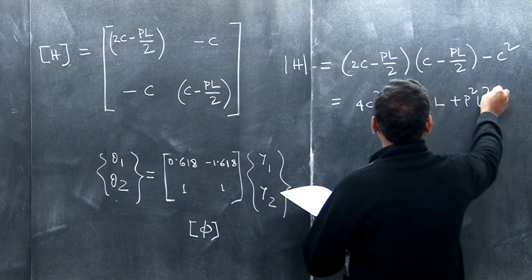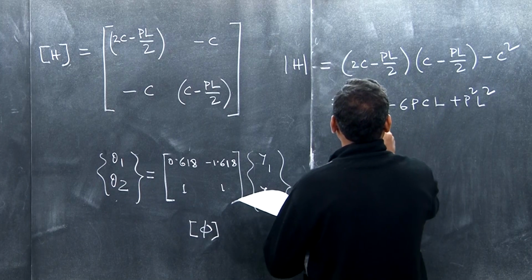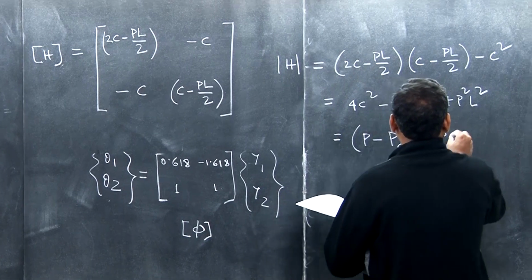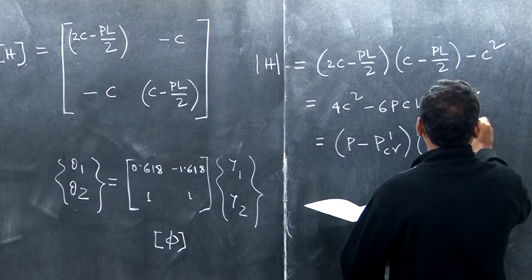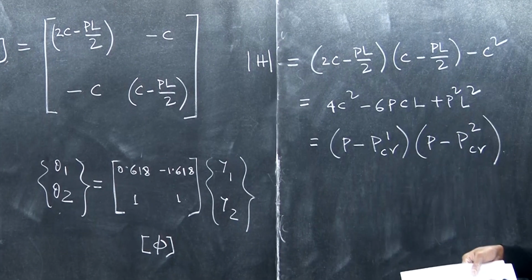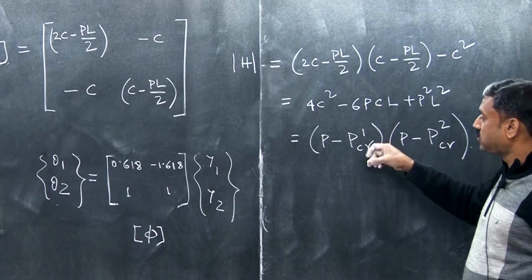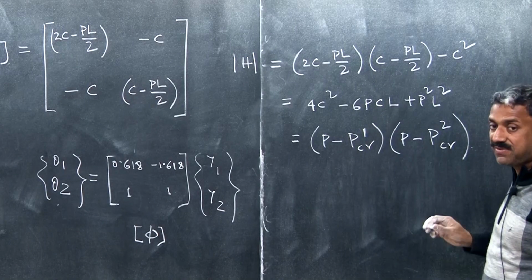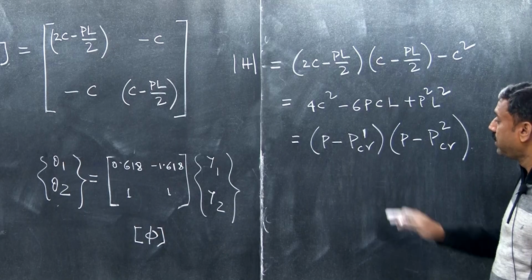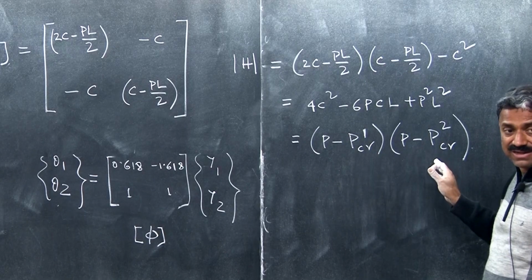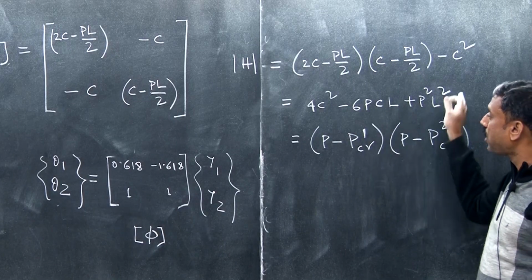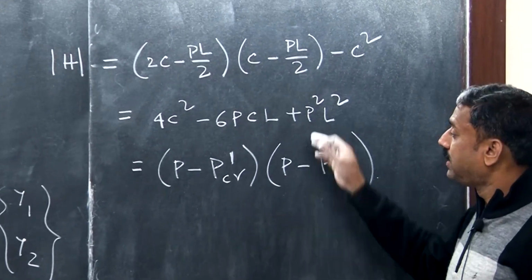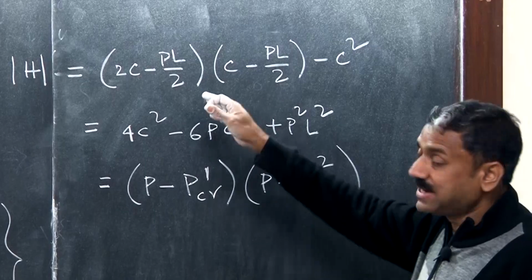That means, may I write it as P minus PCR1 times P minus PCR2, and factorize it like this? This is not square, please note that, the superscripts 1 and 2 refer to the first and second critical load. May I do it like that? Clear? Because it is the same quadratic polynomial, you can factorize like that. So, that is the Hessian.